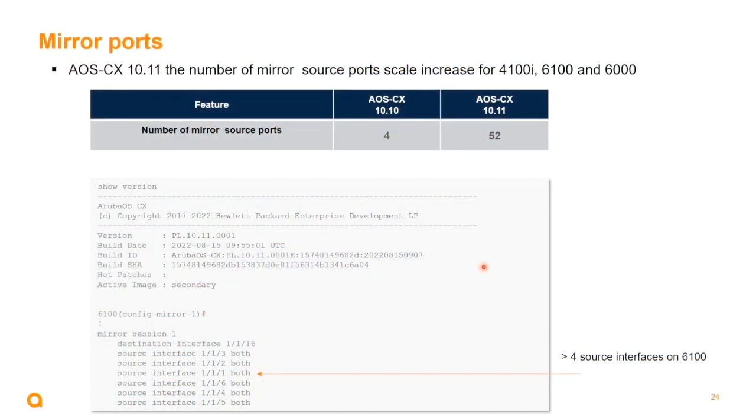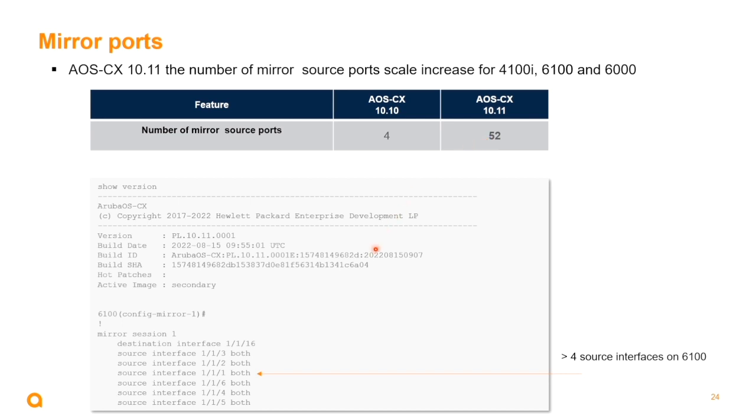Let's move on to the next feature, which is mirroring ports. We've increased the scale of mirroring ports for the 4100, 6100 and 6000. Prior to 10.11 we only supported 4 source mirroring ports, and now we've upped it to 52 source ports.